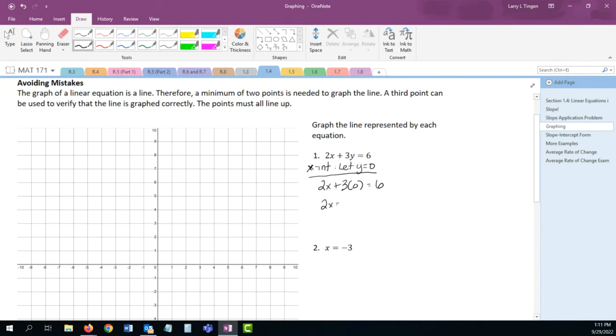So I have 2x is equal to 6. x is equal to 3. And now I know that I have the point. y was 0, x is 3. So this is the point 3, 0.